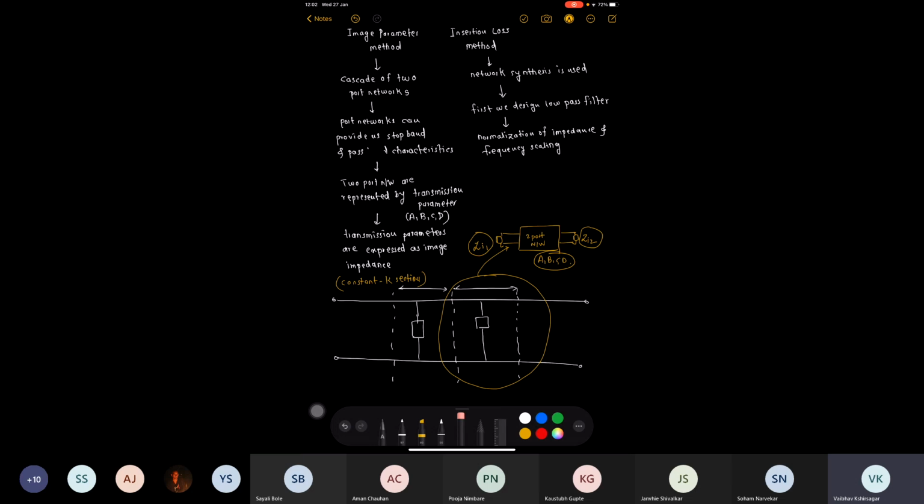Okay. So a common thing between image parameter method and insertion loss method of filter synthesis is that both these filters are going to be designed by making use of passive elements, that is we can make use of lumped elements, inductors and capacitors.